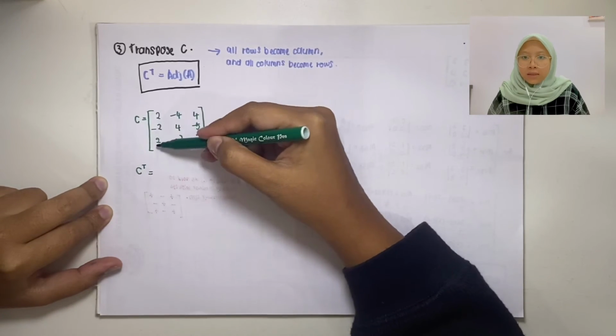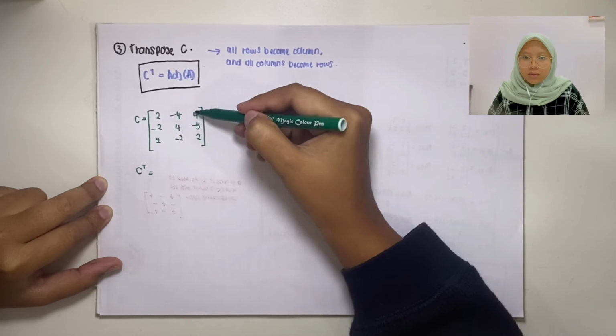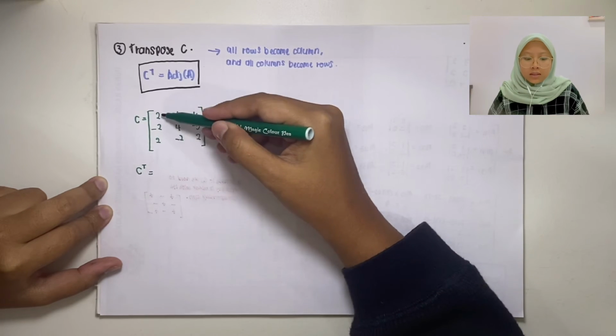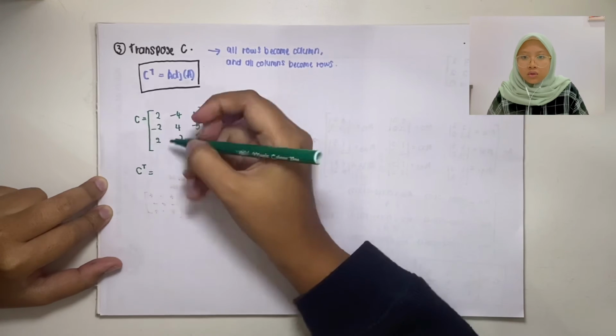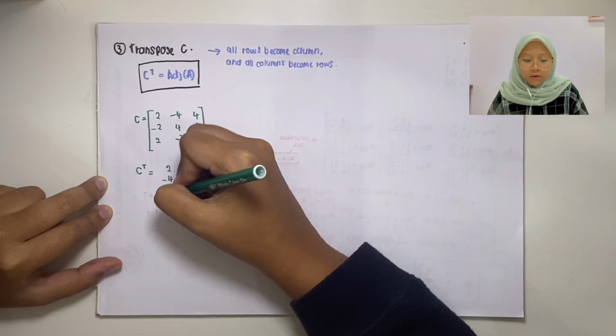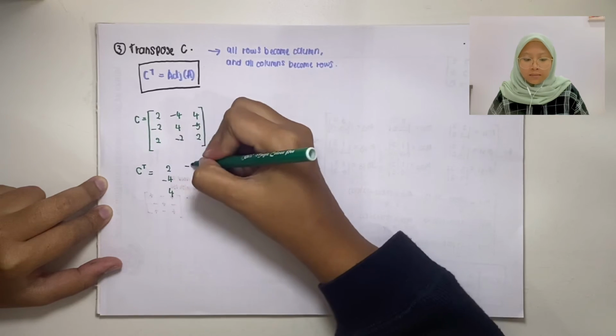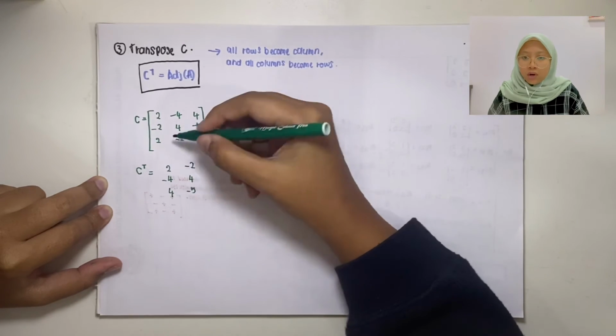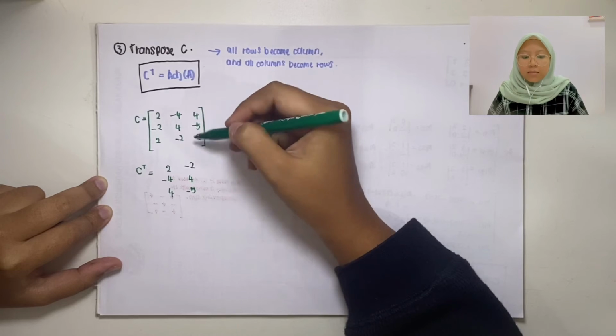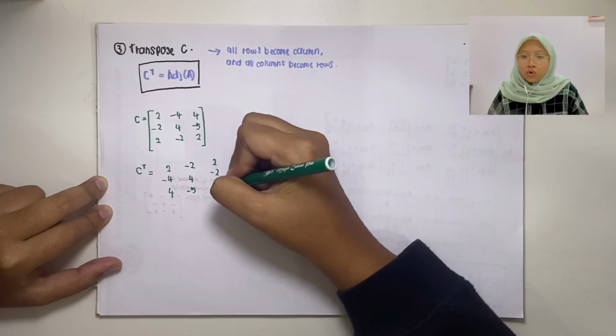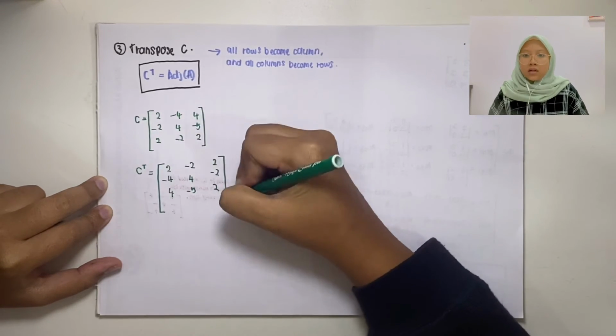First row will be first column. So 2, negative 4, 4. Second row will be second column: negative 2, 4, negative 5. Third row will be third column, which is 2, negative 2, 2.